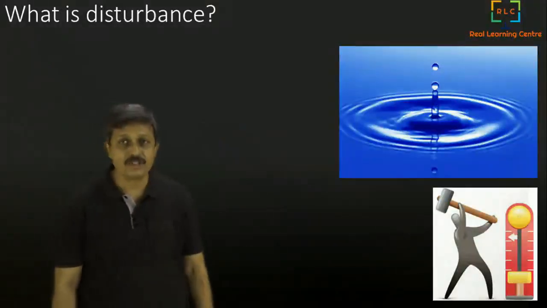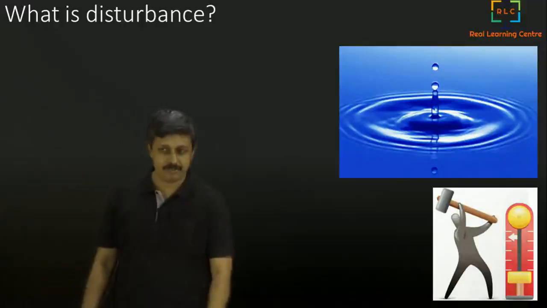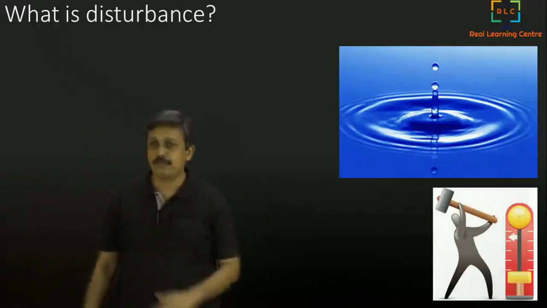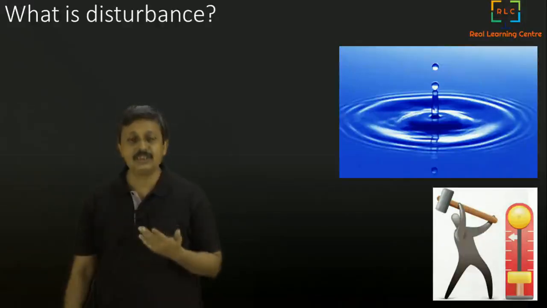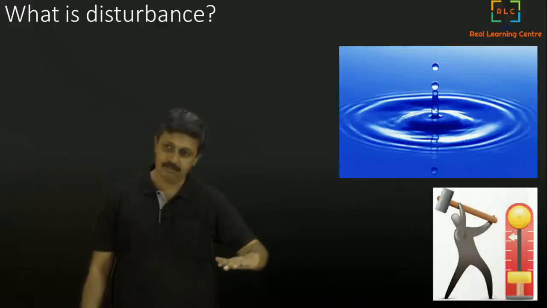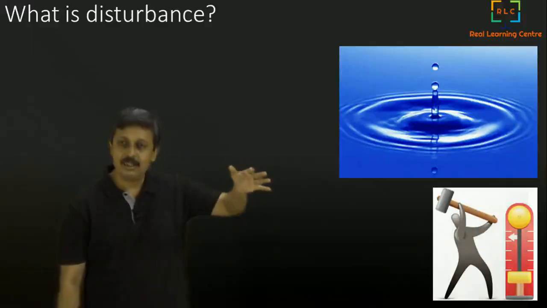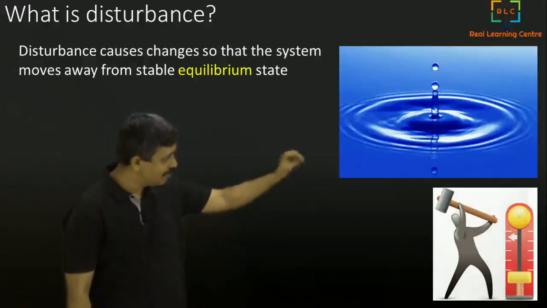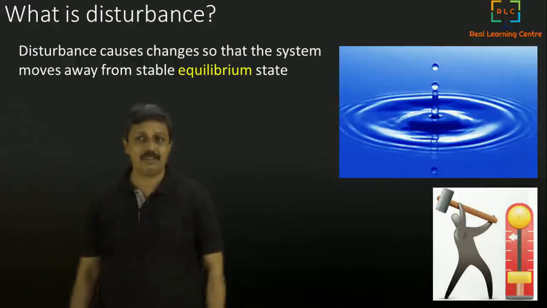If you ask the question, what is a disturbance? Let us say the water is standstill. There is absolutely nothing happening on that still water. That is called an equilibrium state. Now if you drop one small pebble into the water, suddenly it creates a small disturbance at the point at which you put the pebble.